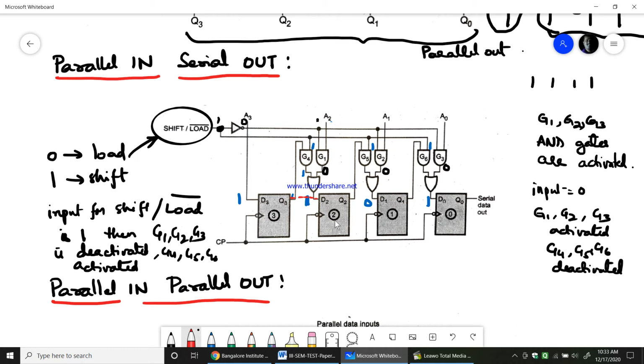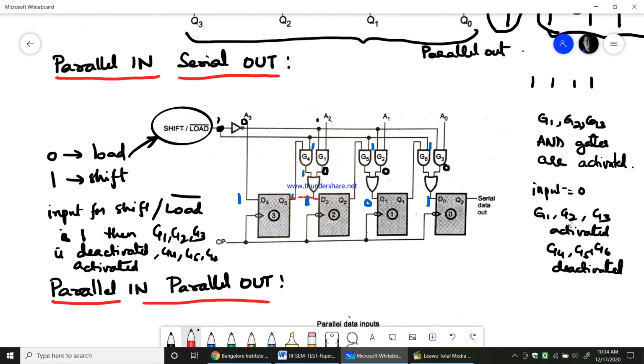So initially, by keeping shift/load bar at 0, we have loaded the inputs in parallel, and by making shift/load bar 1, we are now shifting the data 1 bit each time, which is serial shifting.